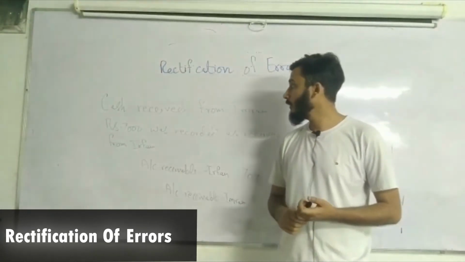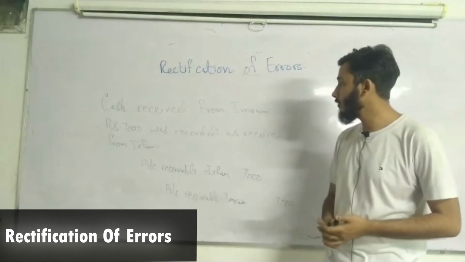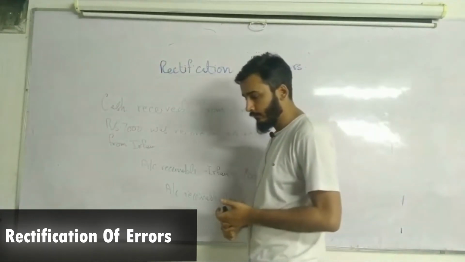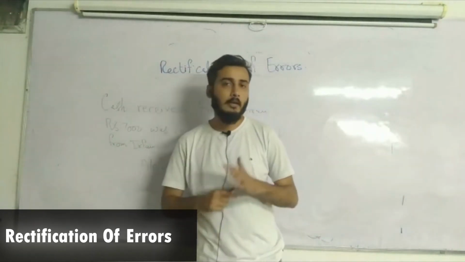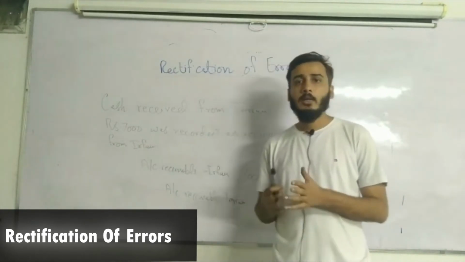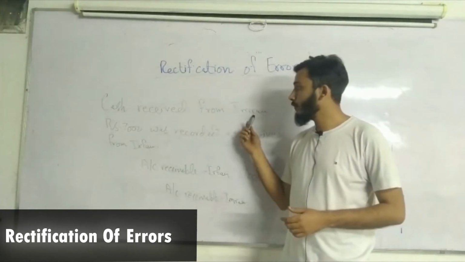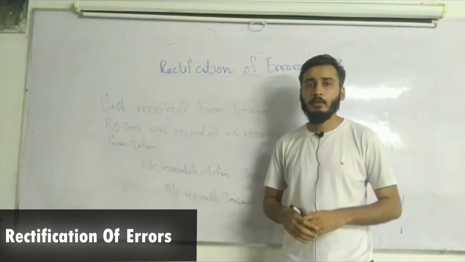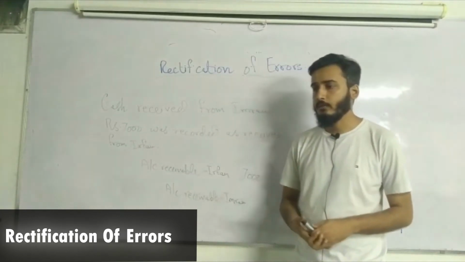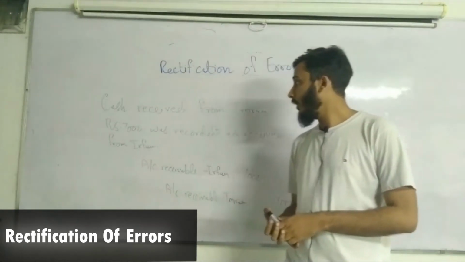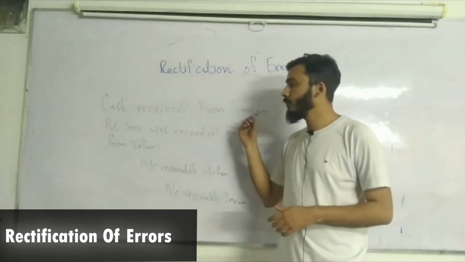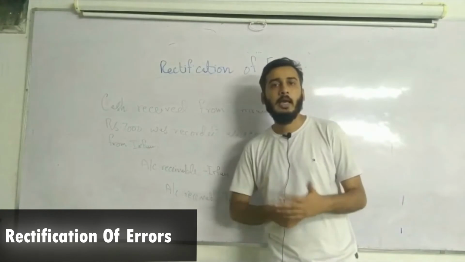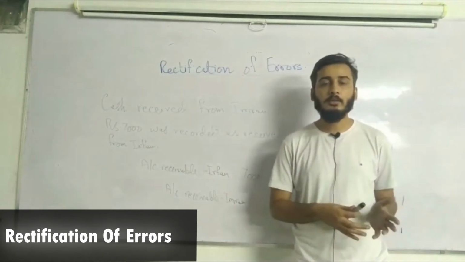Okay, so the third one, cash received from Imran 7,000 was recorded as received from Irfan. So it is a compensating error, that I had to credit the account receivable of Imran and I credited the account receivable of Irfan. As the money was received from Imran, the entry should have been cash debit and account receivable of Imran credit.